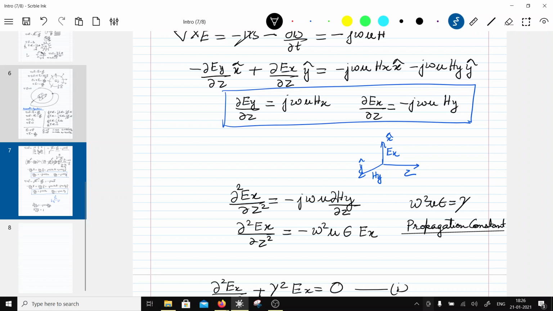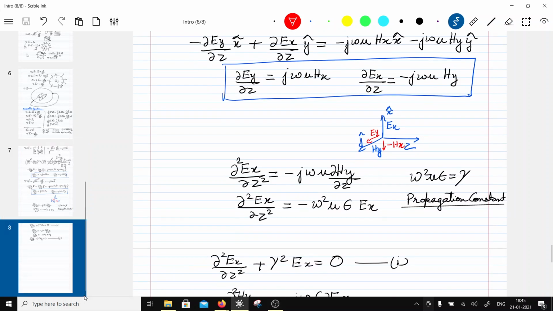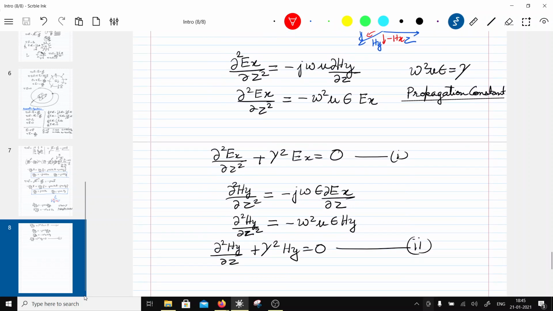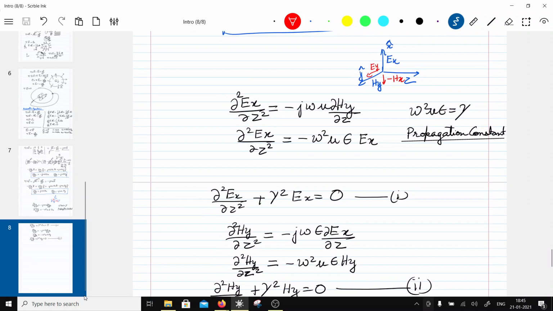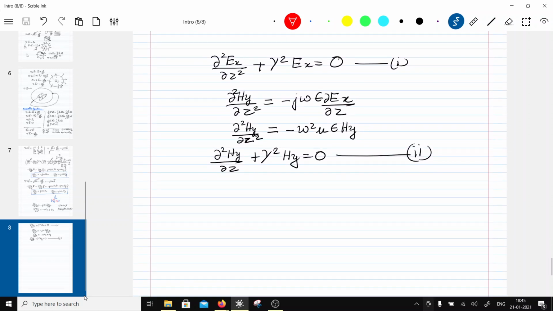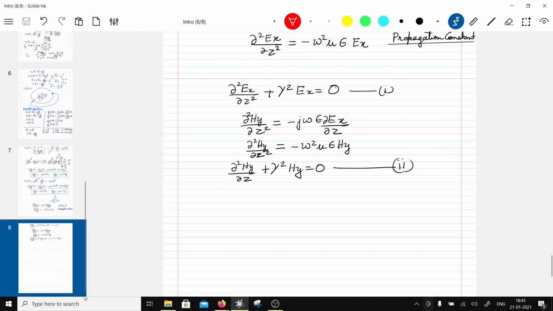So another propagation in the same direction would be due to Ey and minus Hx. Ey crossing into minus Hx will also cause the z-directed wave. So I'm just solving for one of the solutions, and the other solution is straightforward, Ey minus Hx. So let's look at Ex, Hy.